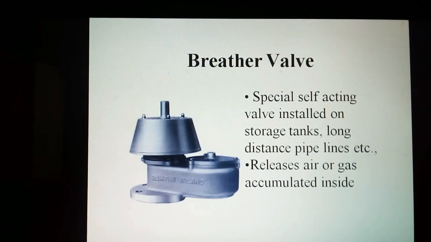Breather valve is a special self-acting valve installed on storage tanks, long-distance pipelines, etc., to release air or gas accumulated inside. Breather valves are also known as direct-acting pressure or vacuum release valves. These are special types of release valves which are specifically designed for protection of tanks.